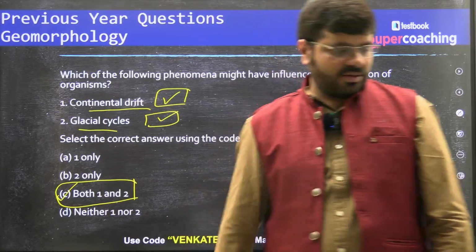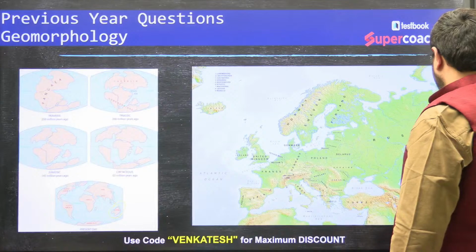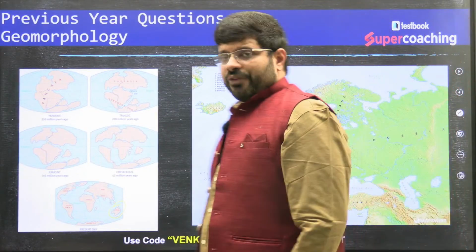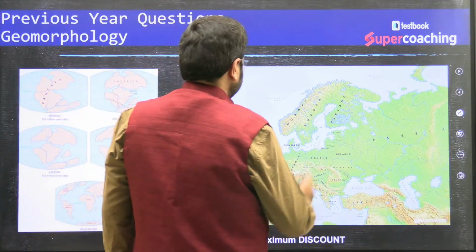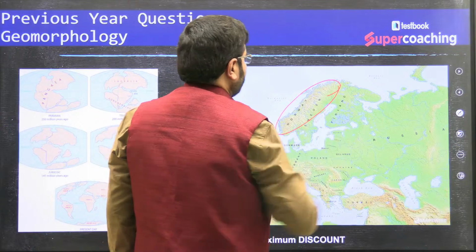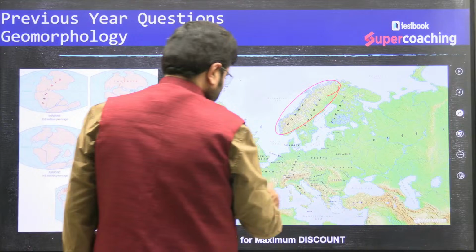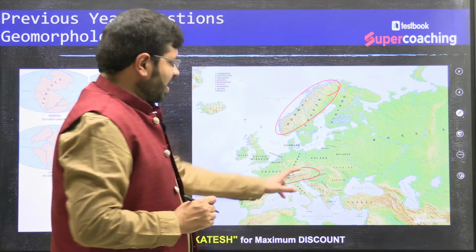Let me explain another concept about this. For example, if you see the topography of Europe, Europe has big mountains here called the Scandinavian mountains, and even in the south you have so many varieties of mountains, for example, the Switzerland Alps.